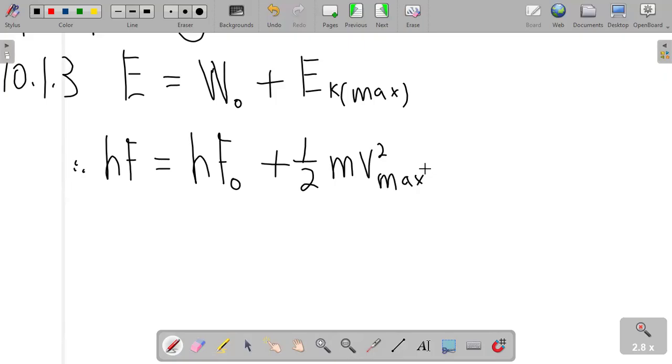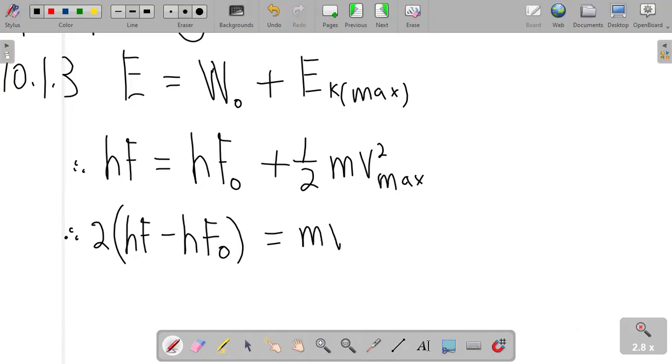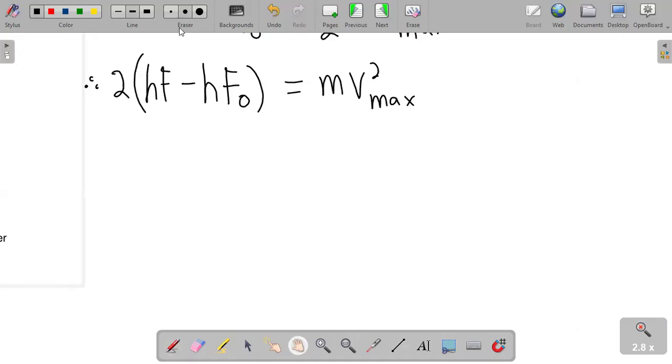If we want the speed here, we have to make v the subject. If we multiply by 2, it's going to be 2 times hf minus hf naught equals m v squared maximum. We want to make this the subject, so we have to divide by m. Then we take the square root.